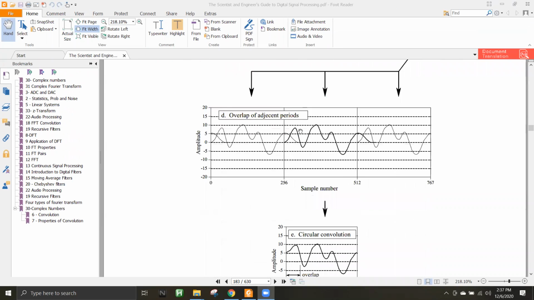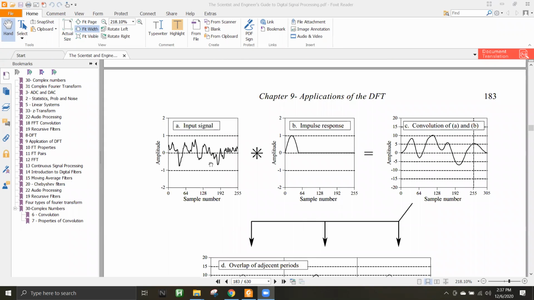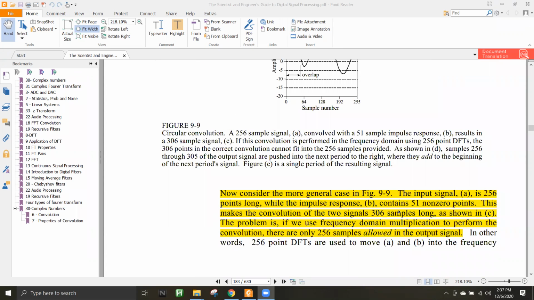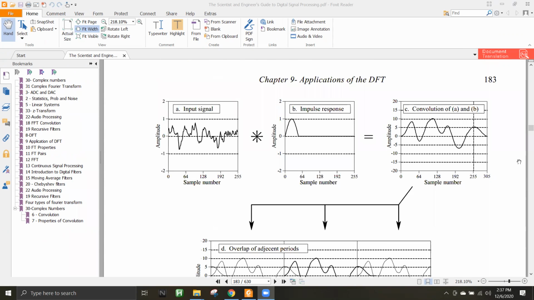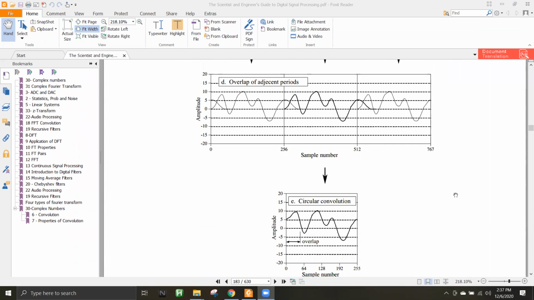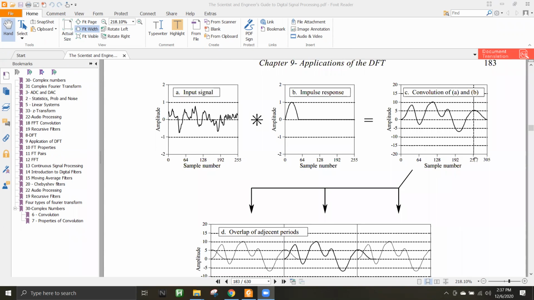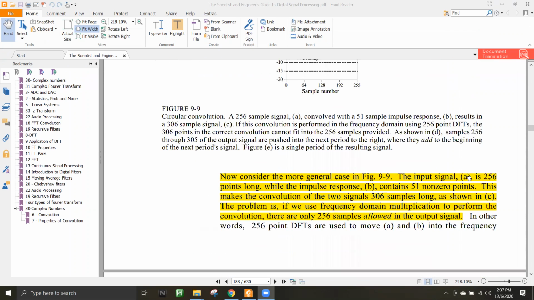What would have happened if this was 51 points and this was 256 points? If you perform convolution, N plus M minus 1 would give you a 306-sample-long y, as shown in C. This contains an N plus M minus 1 length signal using the normal convolution algorithm that we follow, either input side or output side.